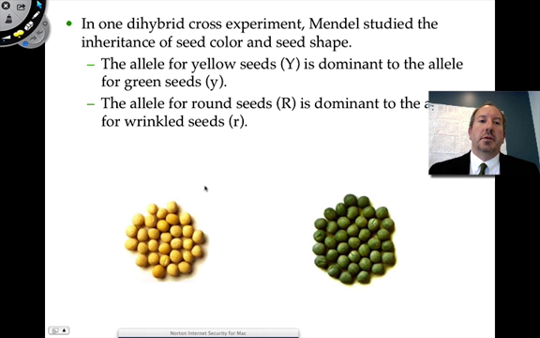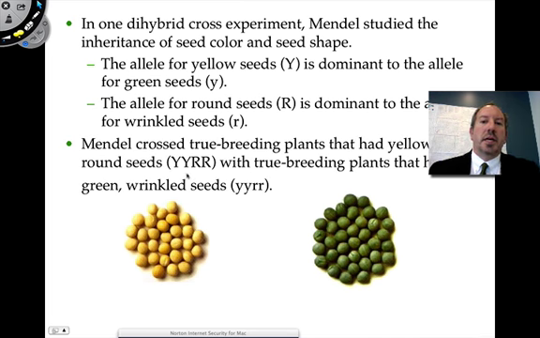Would you believe? Green, which, I know most of us have seen green peas, happens to be recessive, and wrinkled is recessive. So if you cross these together, what's interesting is he crossed pure yellow and round with pure green and wrinkled.